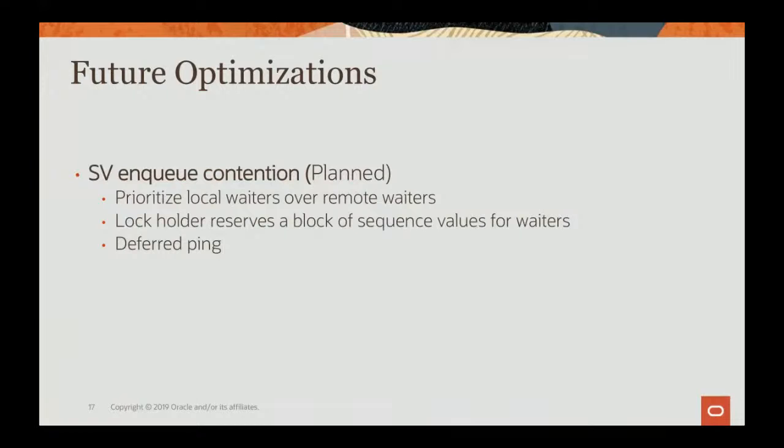This helps with the active-passive model where you have the sequence mostly being used on one instance. Deferred ping is a popular buffer cache algorithm. We plan on trying to do something similar here, where the instance continues to hold the SVNQ and only releases it when it's actually pinged by another instance. So it's a little similar to the first point of prioritizing local waiters.